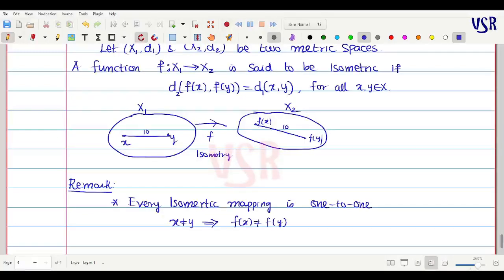If x is not equal to y, then the distance d1(x, y) is strictly positive. Since f is isometric, d2(f(x), f(y)) is equal to d1(x, y), which is strictly positive.